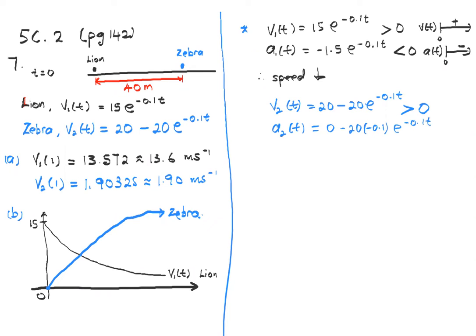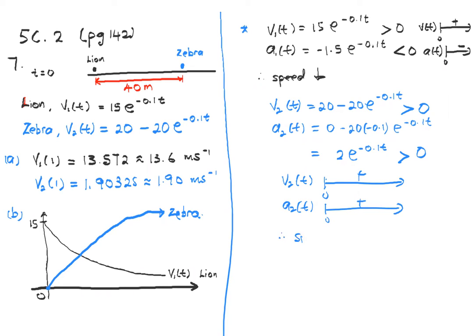So this is equal to 2 e to the power negative 0.1t. So it is greater than 0 also. So therefore, both positive. So therefore, speed increasing.